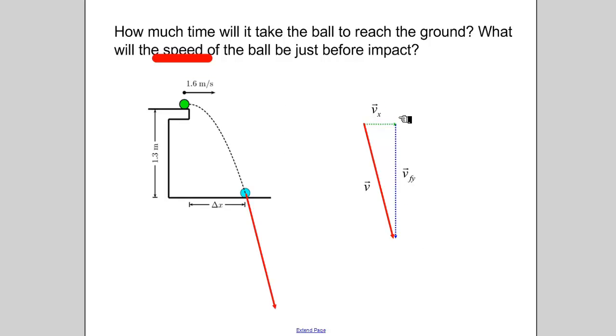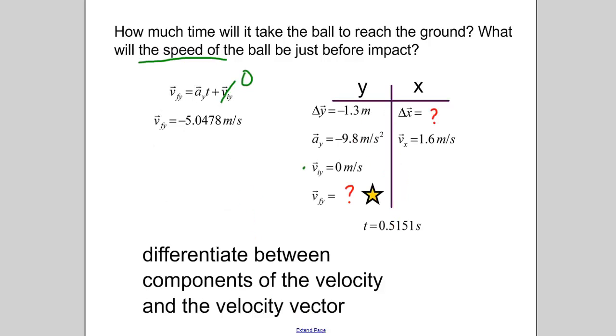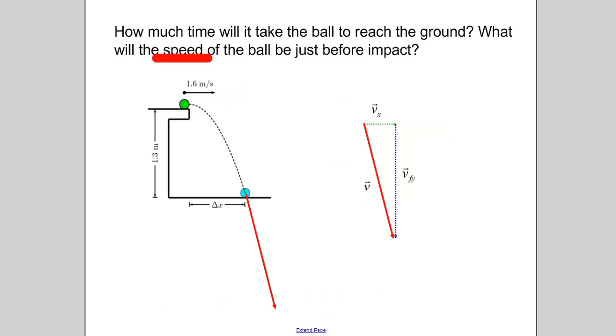It's the same y component as if we were to just drop the ball from that height. That's, from the previous problem, negative 5.0478 meters per second. So what it's asking for when it's saying speed is it's asking for the length of this overall velocity vector.